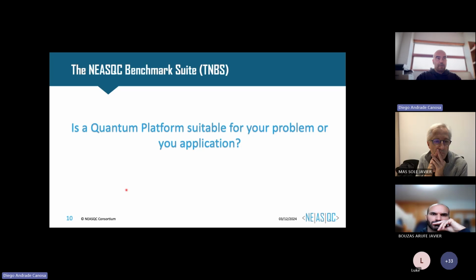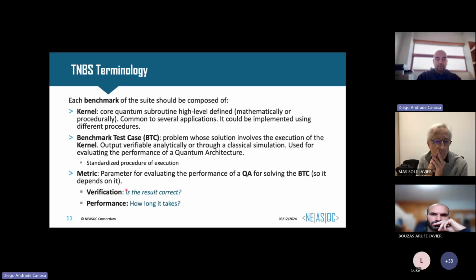So having several types of benchmark cases, maybe you are going to find one that suits your needs very well, and then bringing information about the performance of the quantum platform in that specific benchmark case is going to give you valuable information about whether the quantum platform is suitable for you or not.